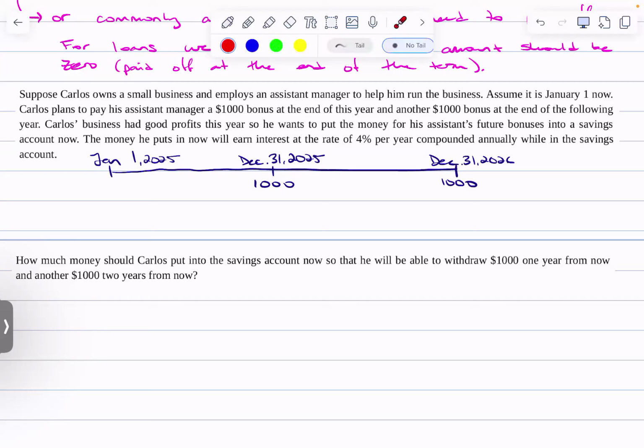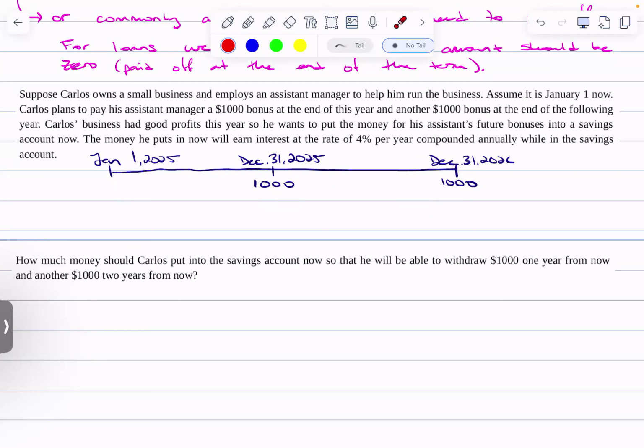So what he wants is to figure out what amount do I need to deposit today on January 1st in order to have it grow at 4% compounded annually, so that a year from now I can take out $1,000 and then the remainder will grow to another $1,000 in another year.